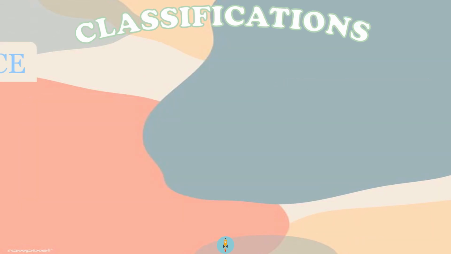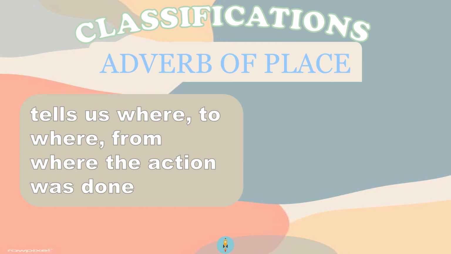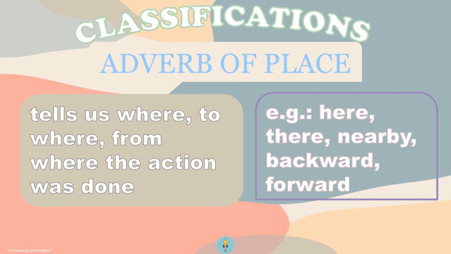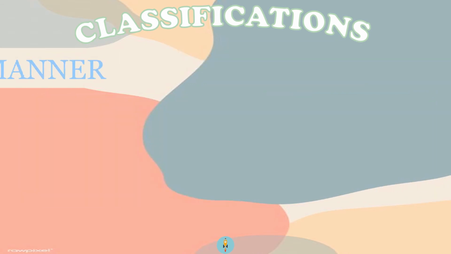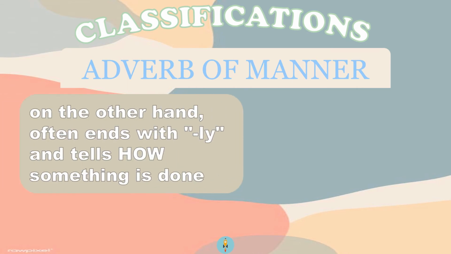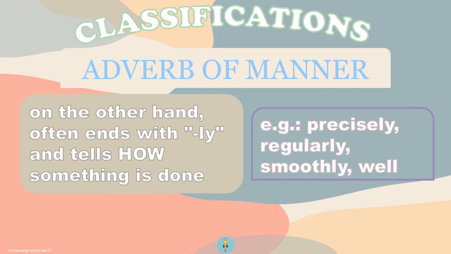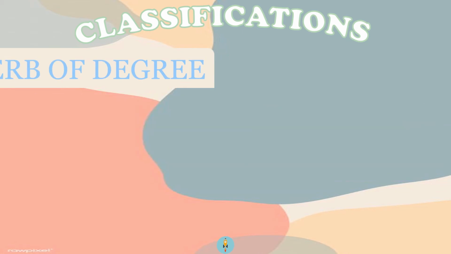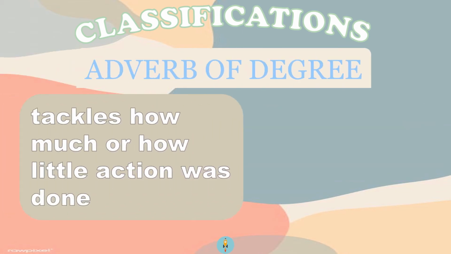The adverb of place tells us where, to where, and from where the action was done. The adverb of manner, on the other hand, often ends with ly and tells how something is done. And the adverb of degree tackles how much or how little action was done.